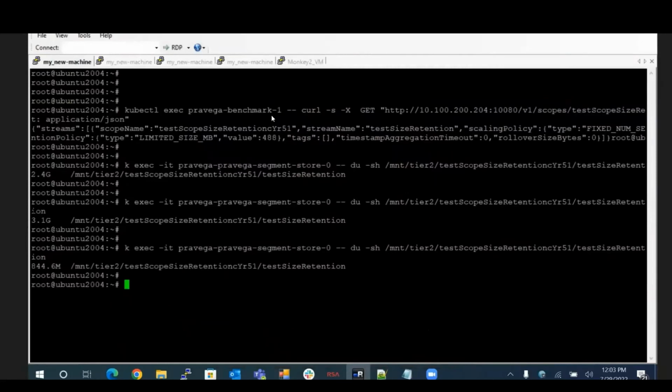So this is the thing. We are able to witness the truncation of data occurring over here. And how did it occur? I'll explain it further.